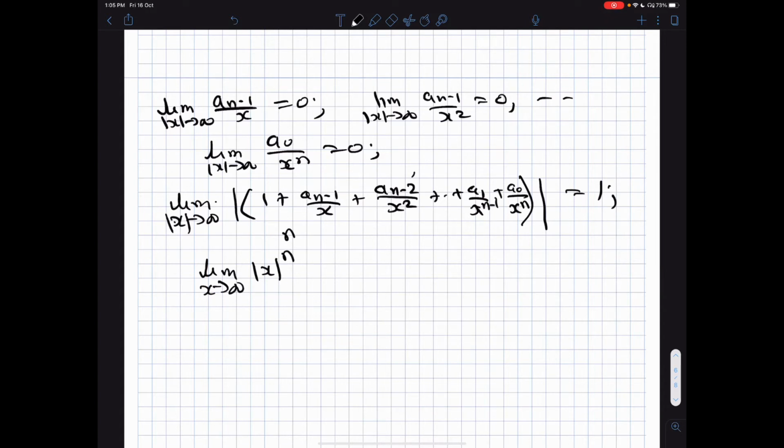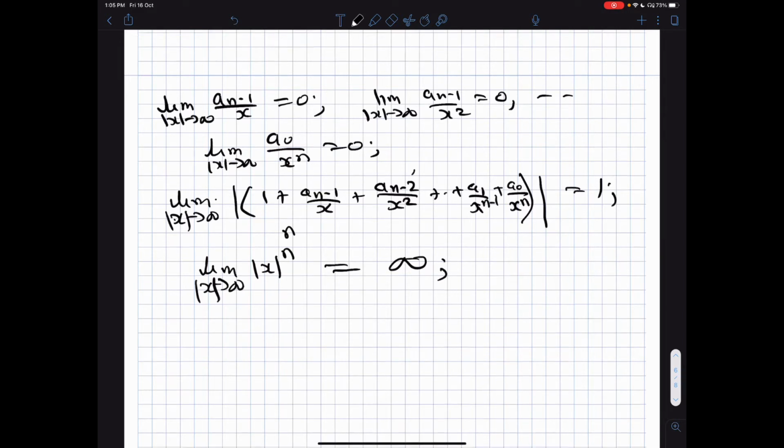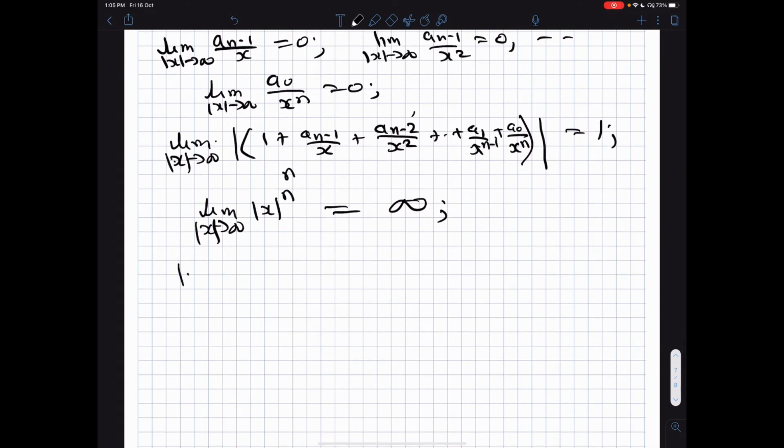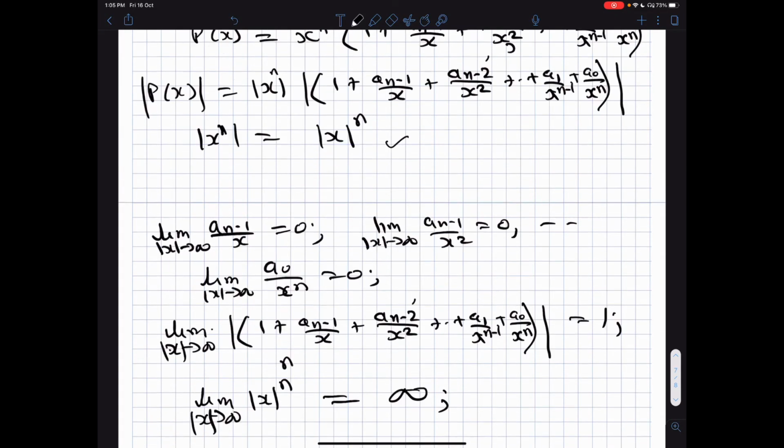Where does x to the power n go? It goes to infinity, irrespective of the sign, with modulus of x going to infinity. So therefore, where does modulus of P of x go in the limit of absolute value of x going to infinity? This goes to infinity.